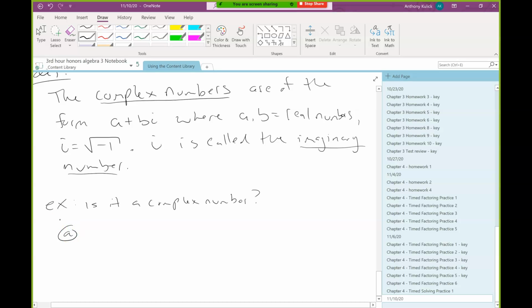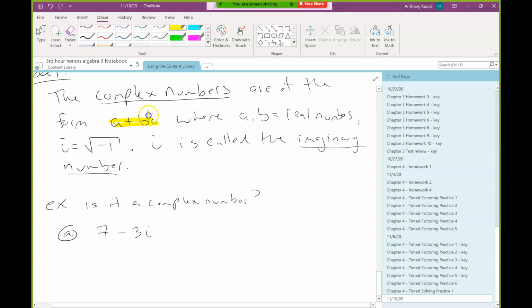How about 7 minus 3i? Is that a complex number? Is it a plus bi? Yeah. What's the value for a? What's the value for b? Negative 3, right?